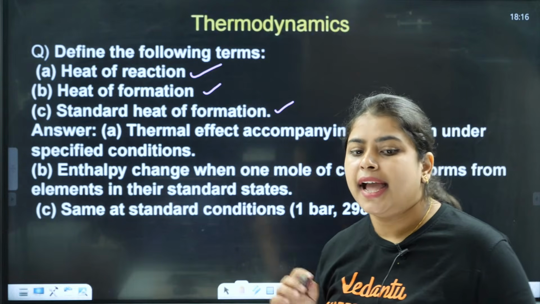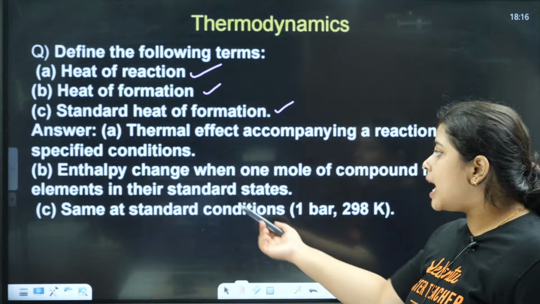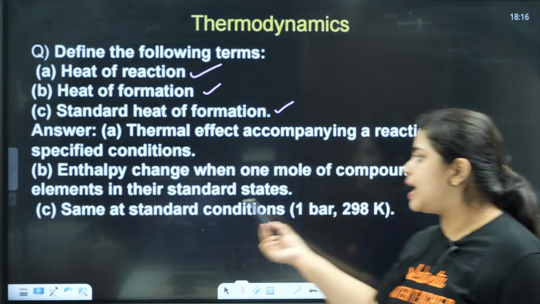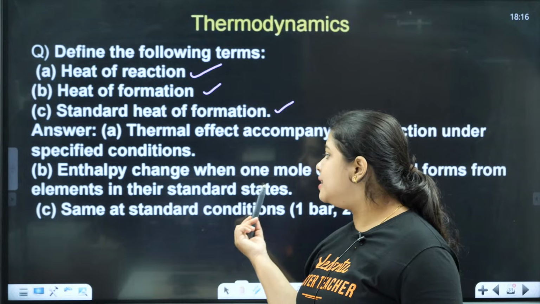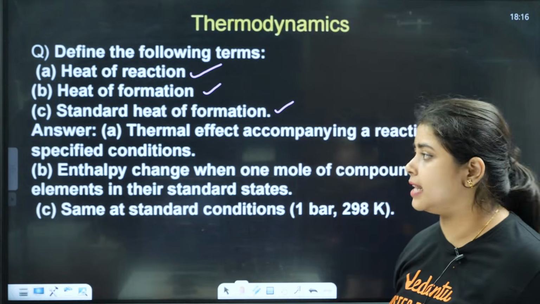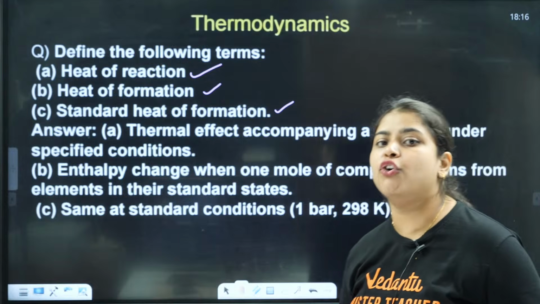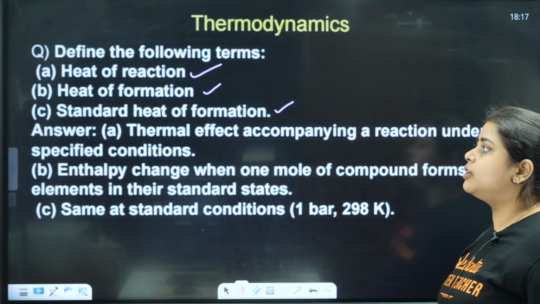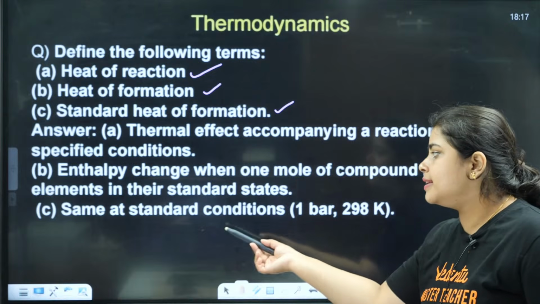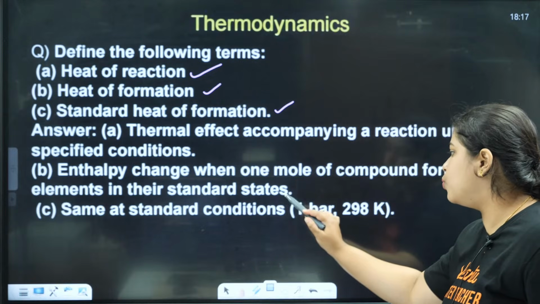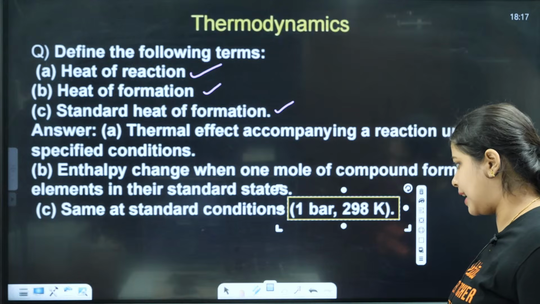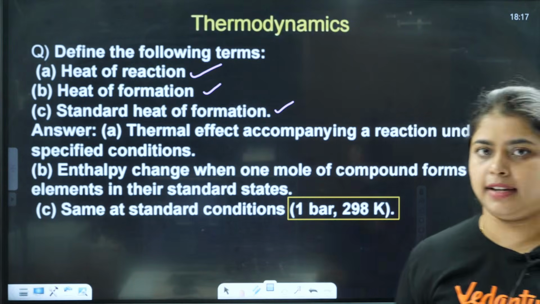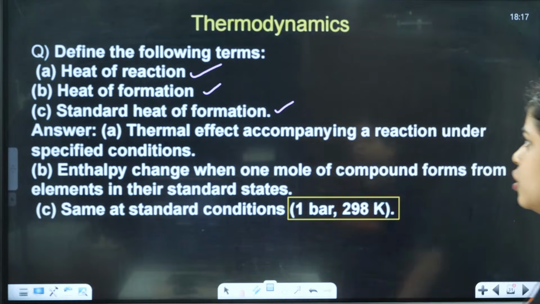The enthalpy change when 1 mole of a compound forms from elements in their standard states is called the heat of formation. Last is the standard heat of formation, the same at standard conditions, for example 1 bar and 298 Kelvin, also written as 25 degrees Celsius. This is also important.